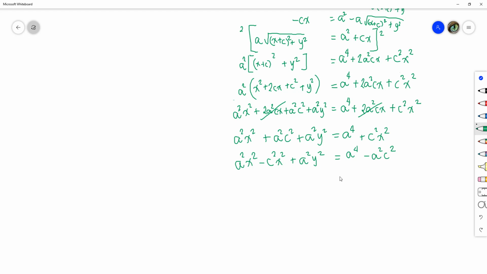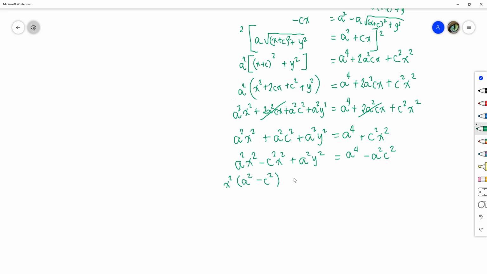So, on the left side, we can extract the x squared since both terms have a common factor of x squared. So you can have x squared times a squared minus c squared.